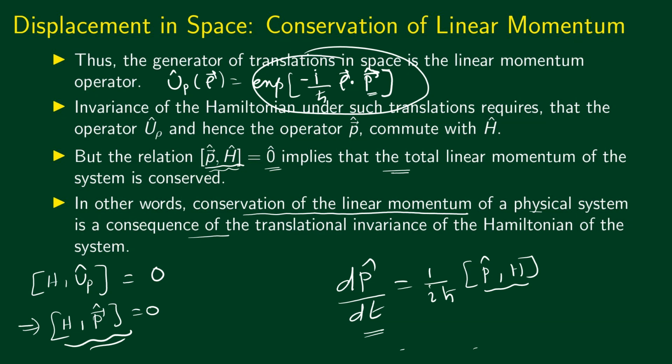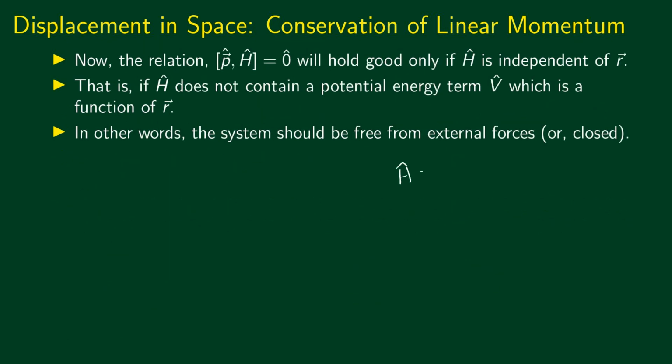So if the Hamiltonian of the system is translationally invariant, if it does not change under a translation, then we see that momentum is a constant of the motion. So conservation of linear momentum actually follows from the symmetry under displacements in space. Now the Hamiltonian itself has the kinetic energy term P squared divided by 2m and some potential energy term in general.